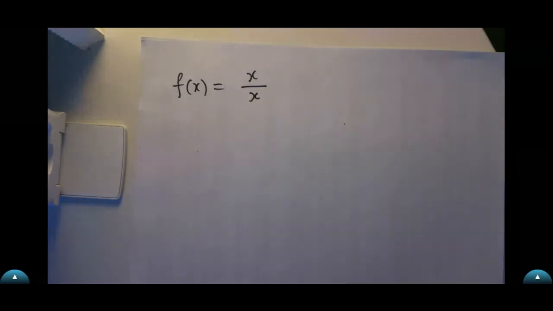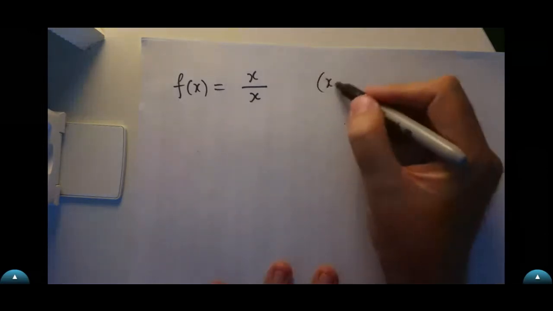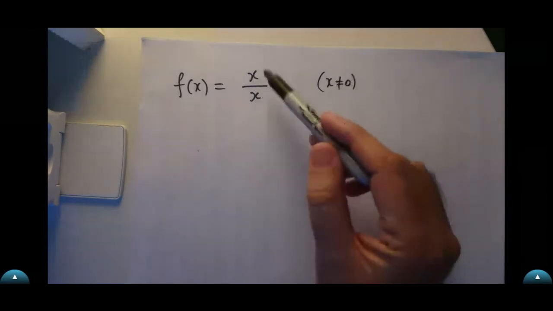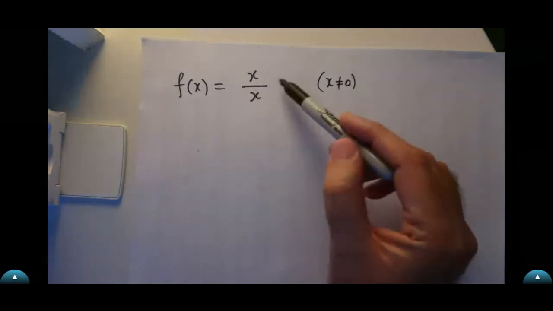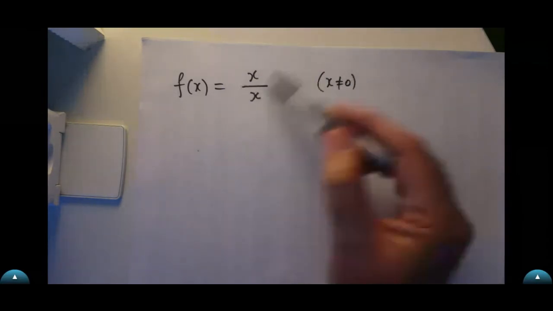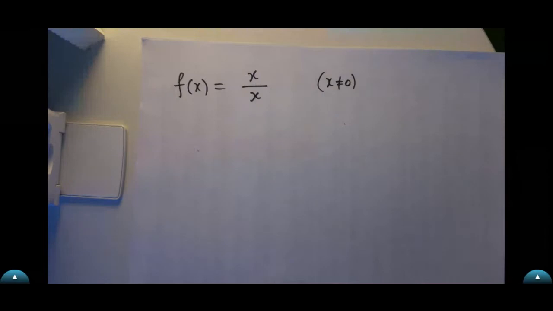Technically speaking, I cannot include 0, because you could think, well, I can just cross them off and get 1. You can't, because if x equals 0, you can't do that.